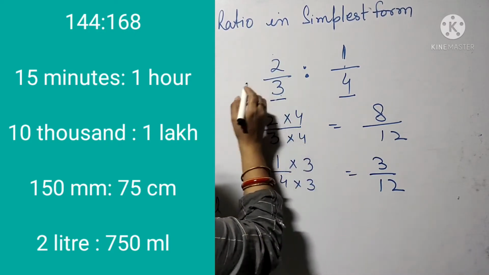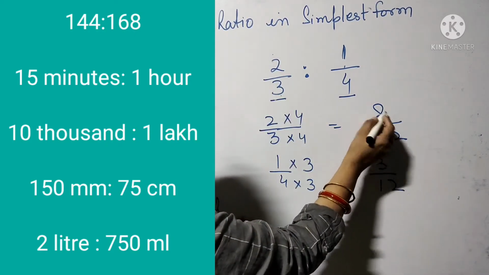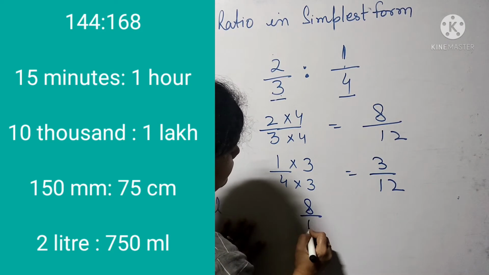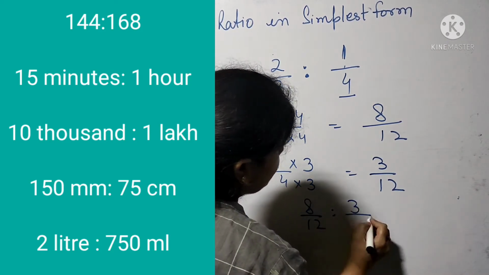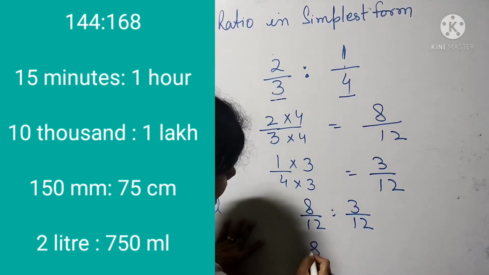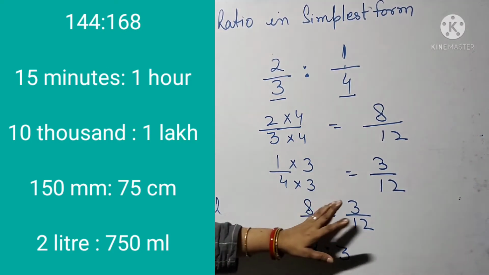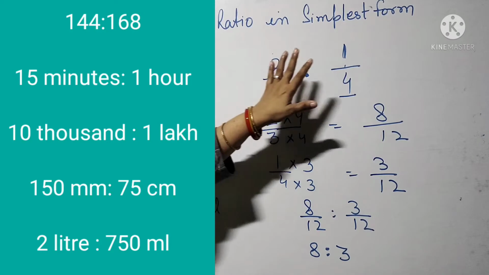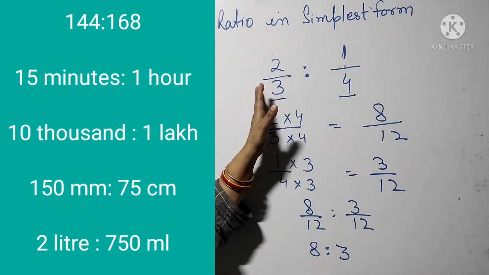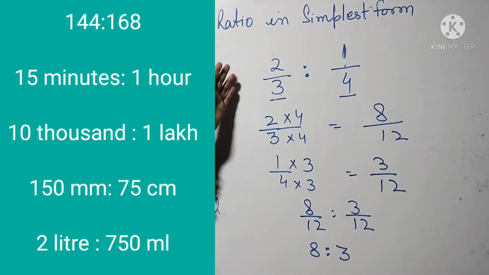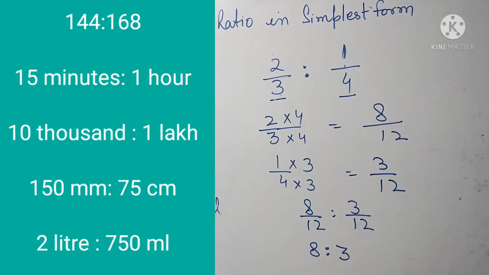Now in place of 2 by 3 we write 8 by 12, and here we write 3 by 12. So its simplest ratio becomes 8 is to 3. We just ignore the denominators as they are the same. So in this way, if we have fractions and we have to simplify them, then we follow this method.